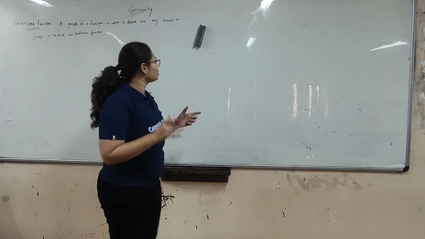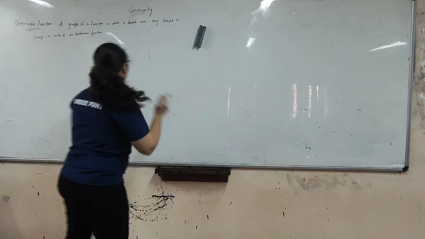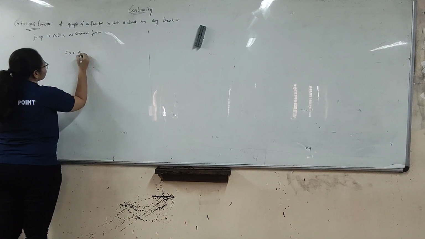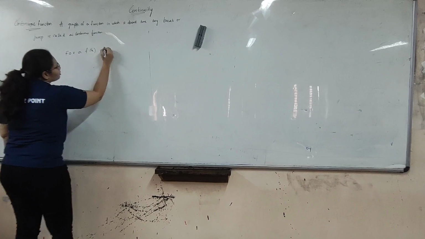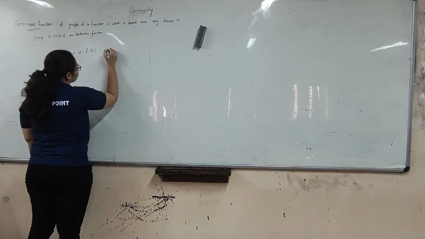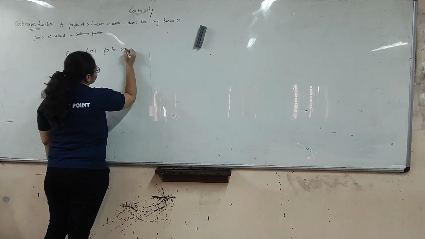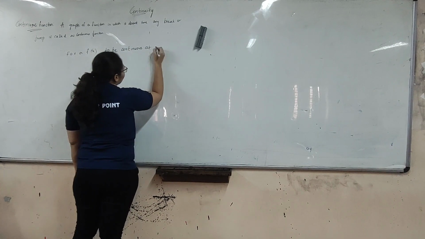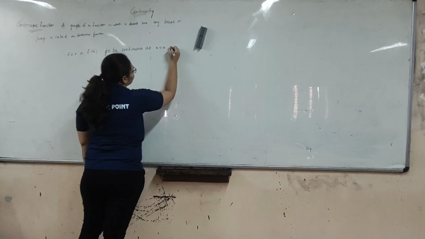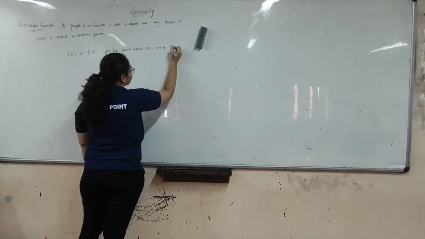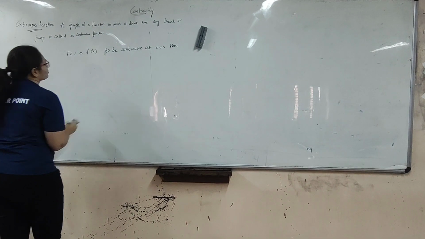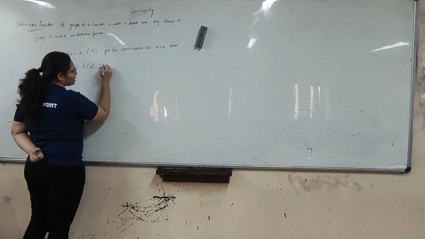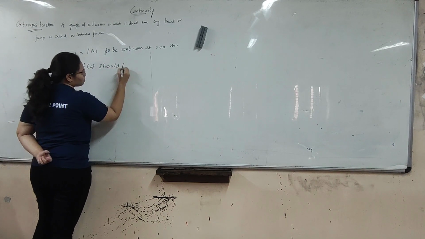So now the conclusions, what are the conclusions we have got? For a function f of x to be continuous at x equal to a, first, f of a should be defined, right?